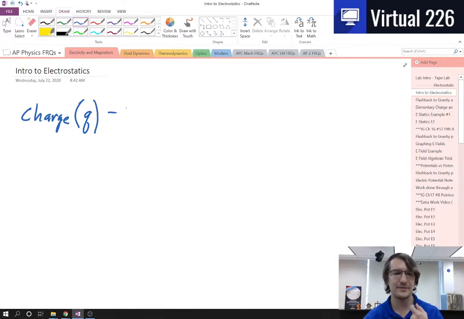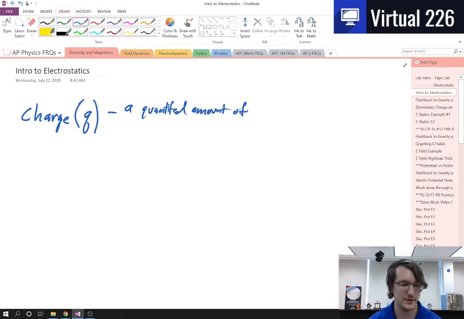And the idea of it being a quantified amount is very important. So it is a quantified amount of excess or a lack of electrons. And I get sick of writing the word electrons 1,000 times, so I'm going to write electrons as e with a negative on top of it as the exponent, okay? So that's an electron right there.